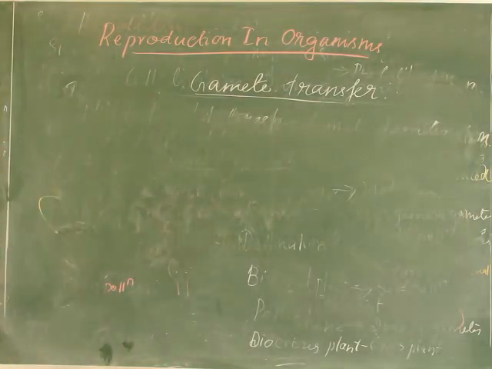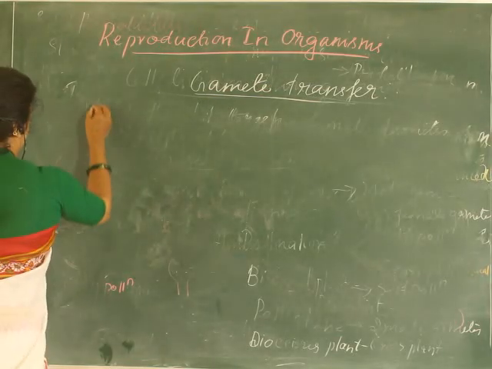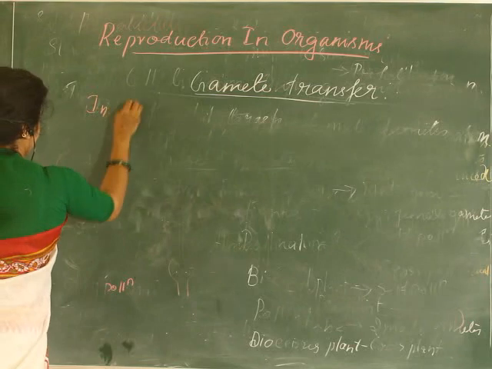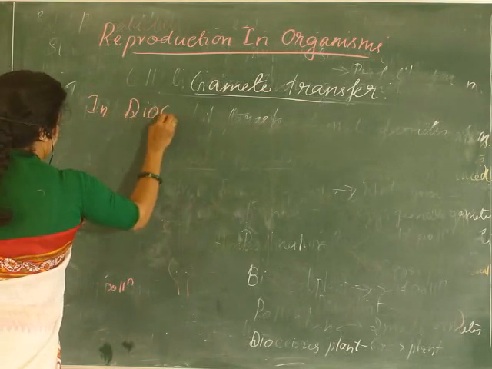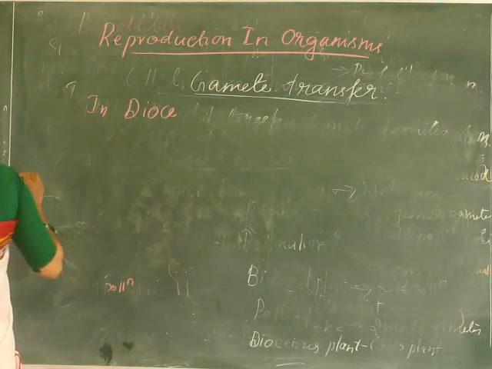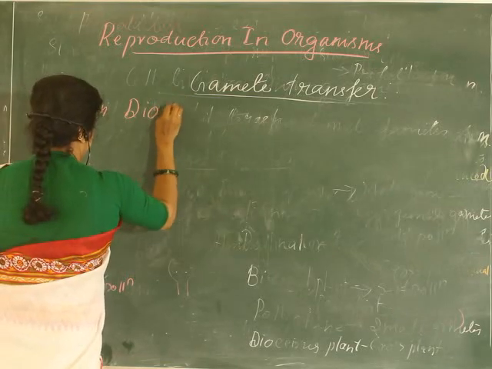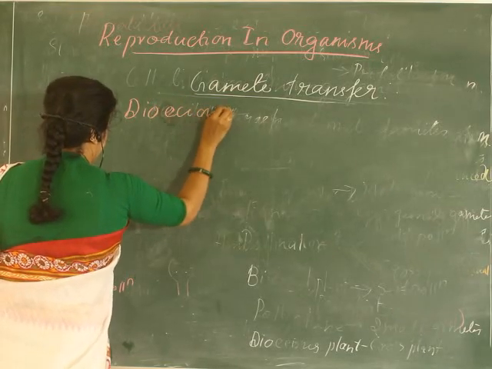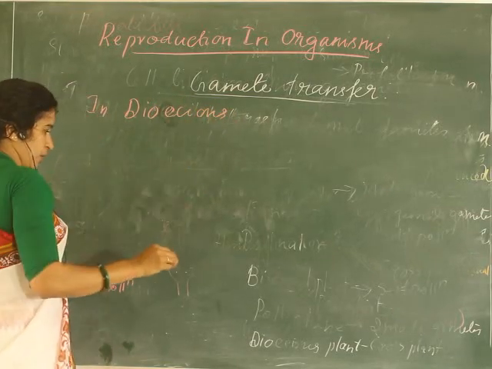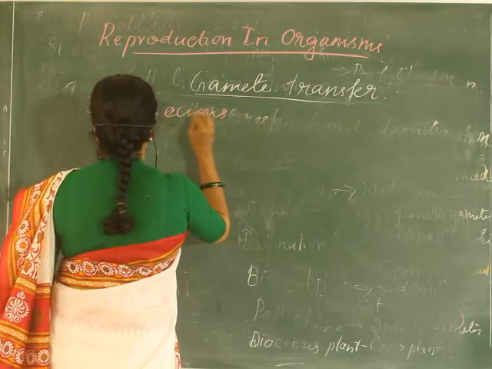Okay, now let us see how gamete transfer takes place in dioecious animals. Sorry, if there is a spelling mistake while writing, you have to make correction in that, okay?